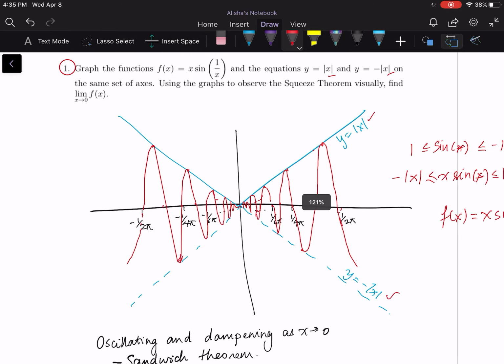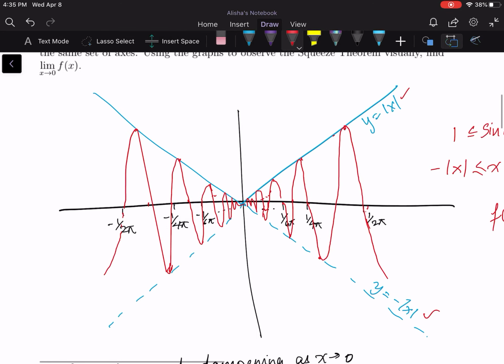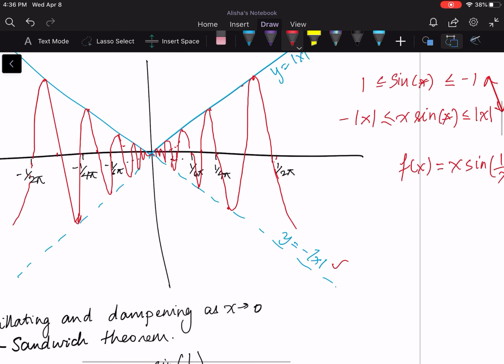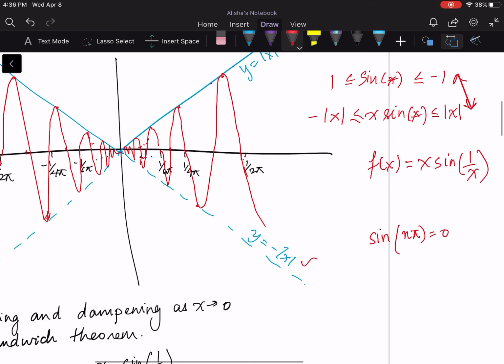Okay, so I tried to put in some more details, and I tried to actually draw where f of x is going to cross the axis. I just used the fact that sine of n pi is equal to 0 for any integer.